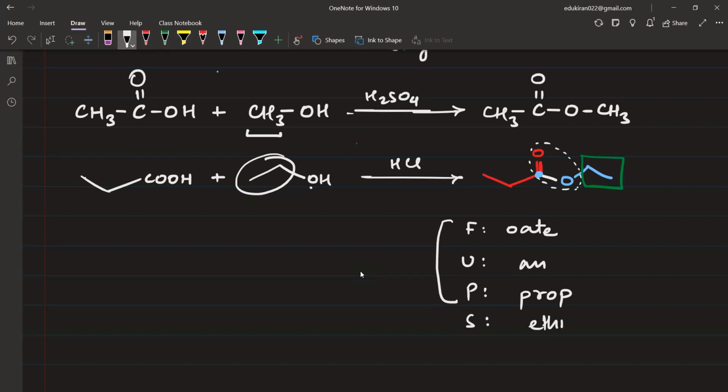And because it is a substituent, we write yl, ethyl. Now the time comes to number these things. Obviously oate will be in the first position, so you don't write 1 if it is in 1. So the name is going to be ethyl. Also, I don't need to number ethyl because ethyl is not on the parent chain. It is attached to the oxygen atom. Okay, so ethyl propanoate.